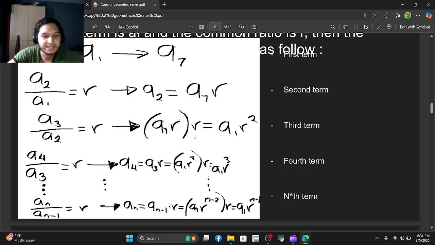So where did I get this ratio? Well, because the ratio is equal to this, right? So I'm moving this to this side because we are talking about the third term. So this will be a sub 1, I mean, sorry, the first term times the ratio squared.